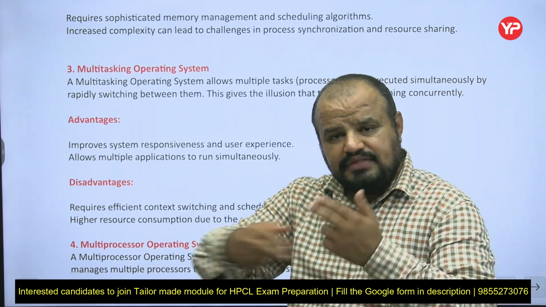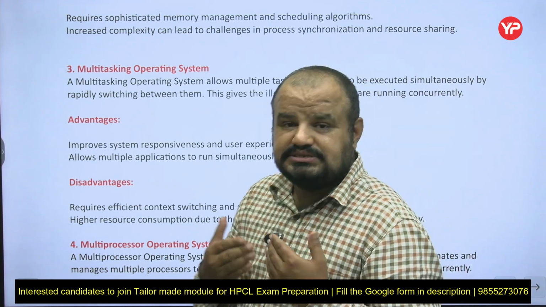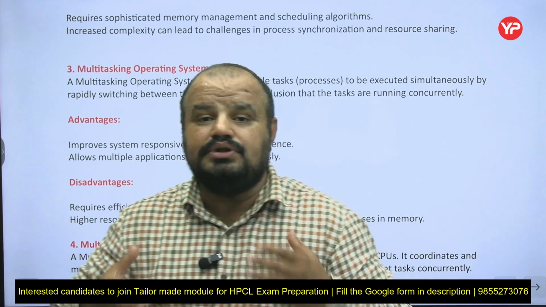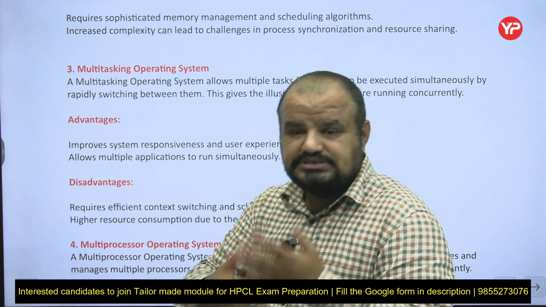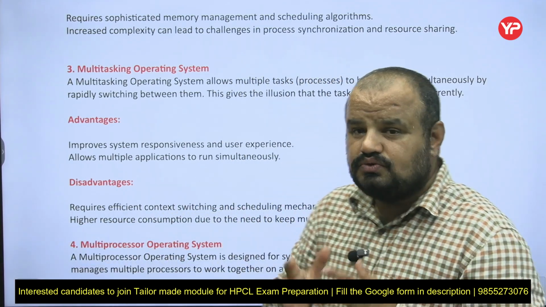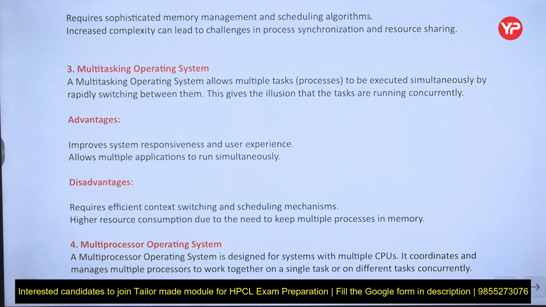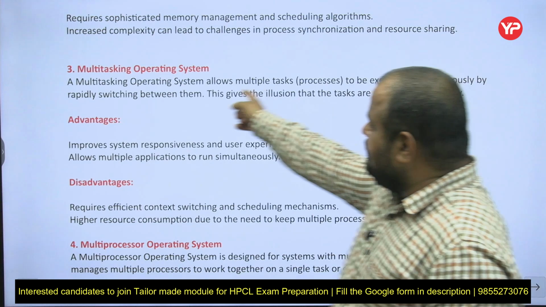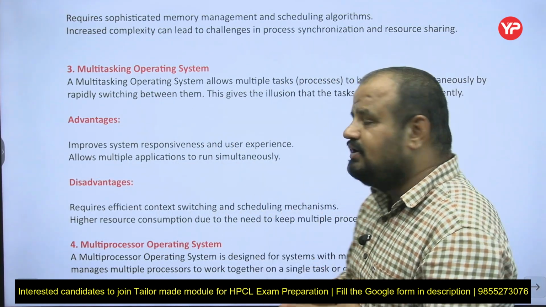They switch one after another, and the switching is done in such a fast way that we do not even realize that multitasking or switching is happening. That is so fast. So here you can see what the multitasking operating system is. It allows multiple tasks to be executed simultaneously, but by rapidly switching between them. Each and every process switches one after another.